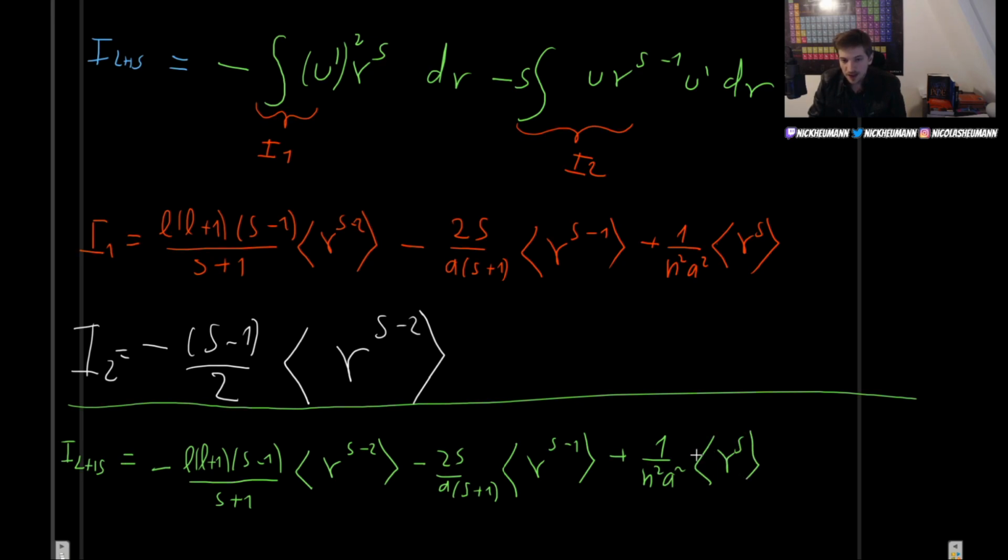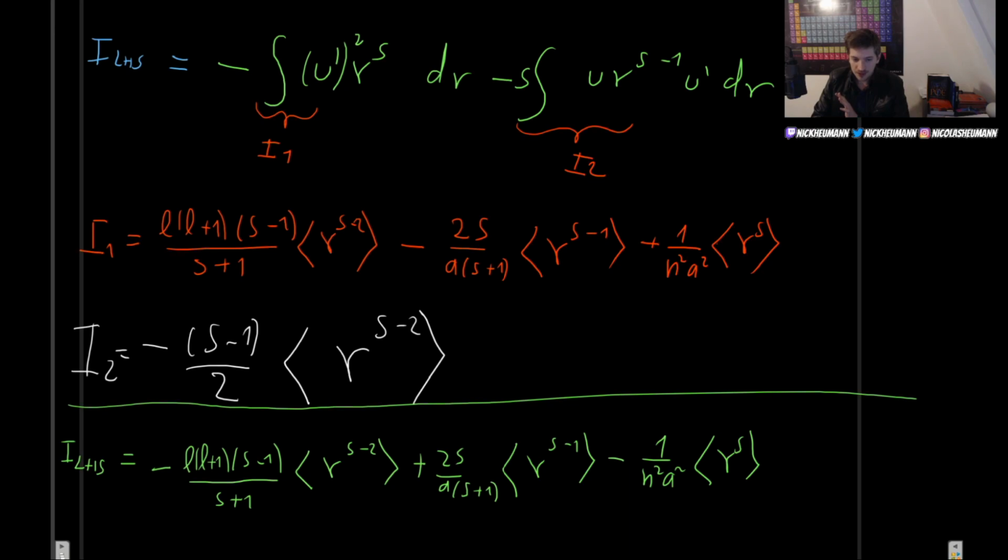And actually, whoa, we have to be careful with the signs here. Because it's minus this thing. So it's minus all of this, right? So let's now just put a minus sign through. So the first one will be negative, this one will be positive, and the last one will be negative. So very, very careful that we don't forget about that minus sign. Okay, now we have minus I2.